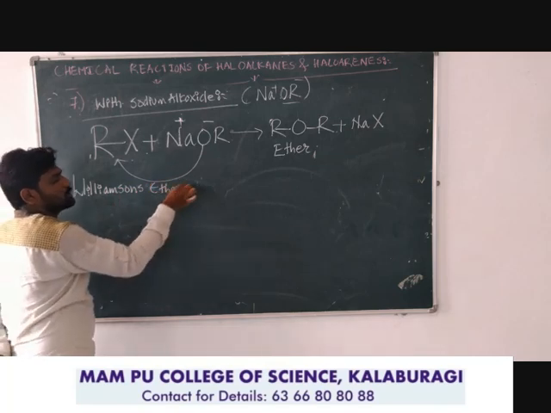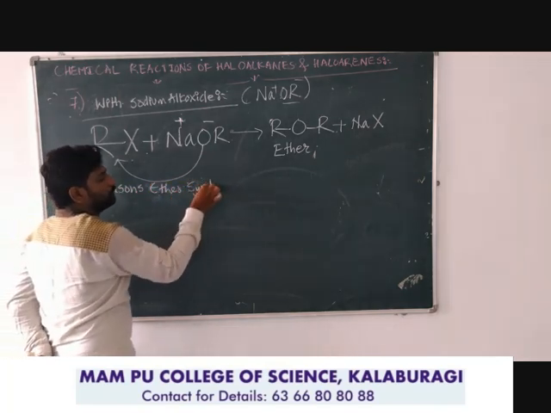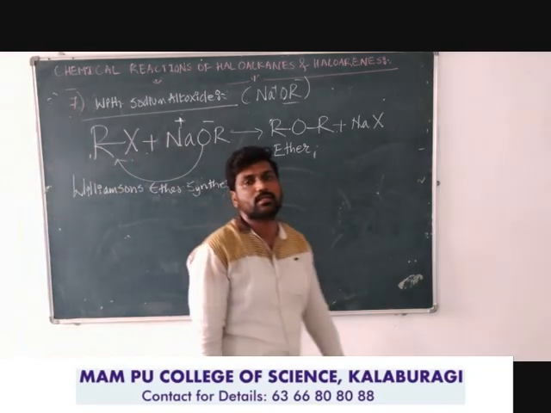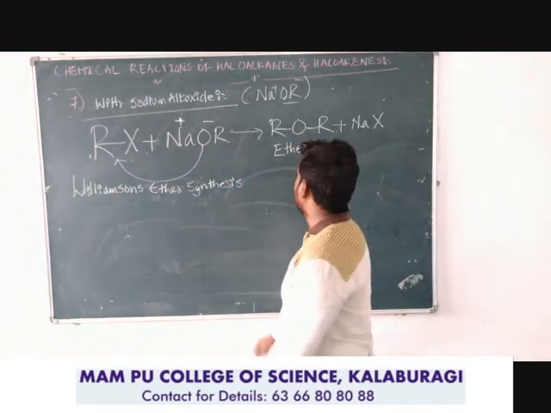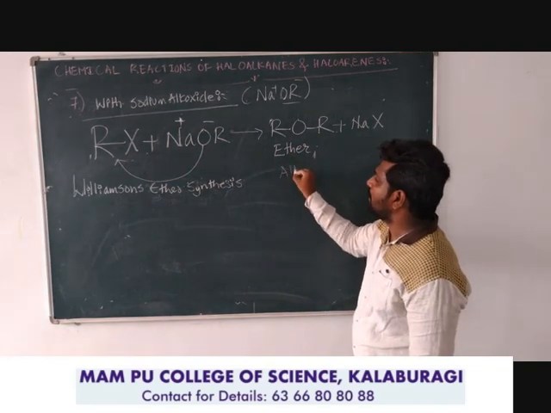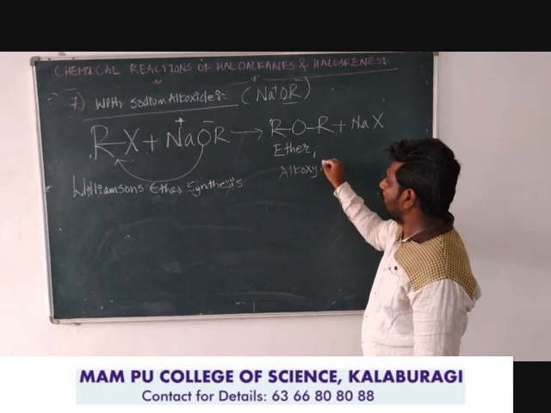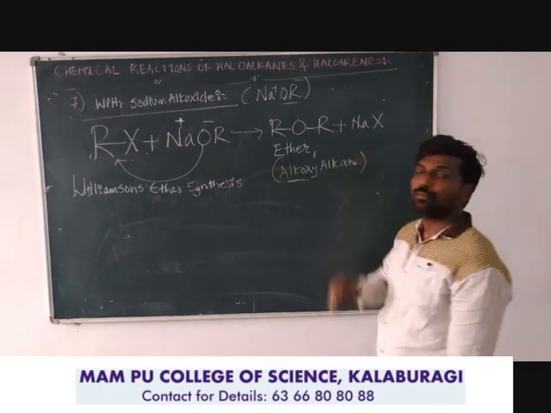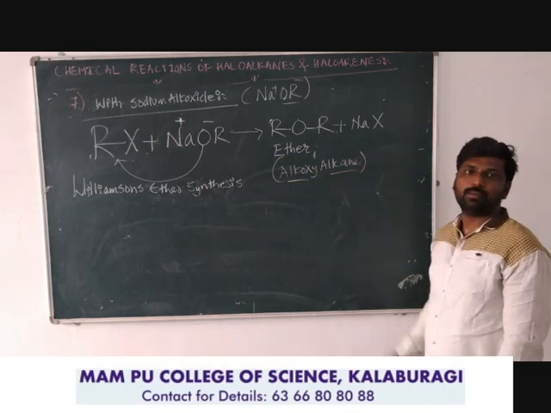ether synthesis. Therefore it is known as Williamson's ether synthesis. For example, ethers, according to the IUPAC system, are named as alkoxyalkanes. The smaller group is alkoxy, the larger group will be alkane.